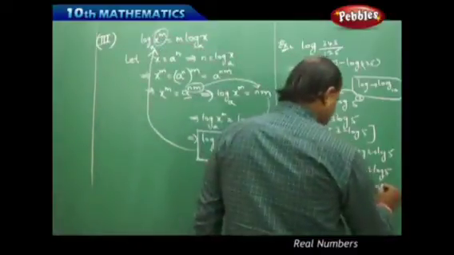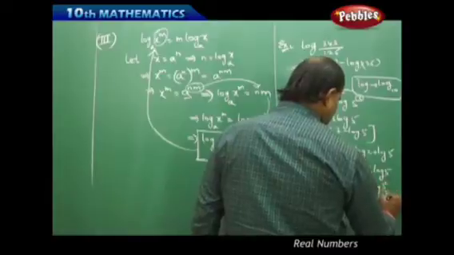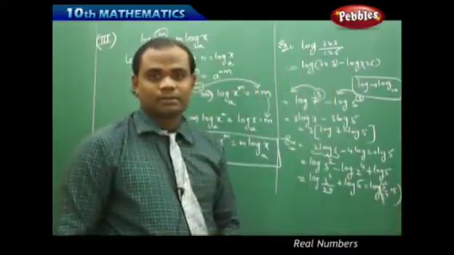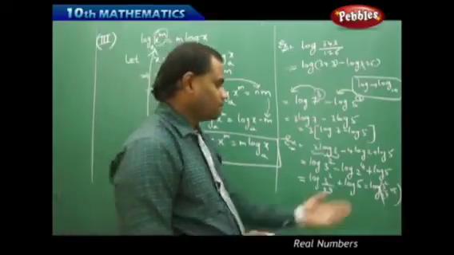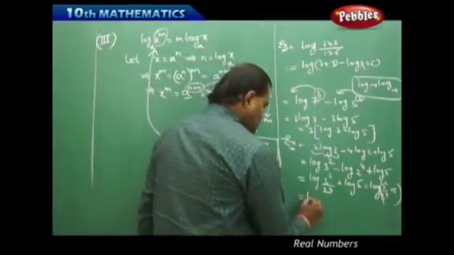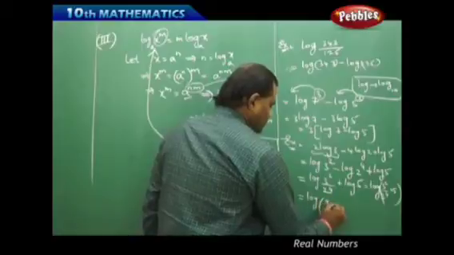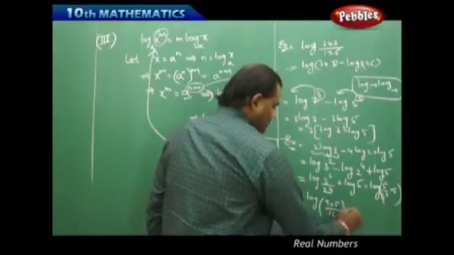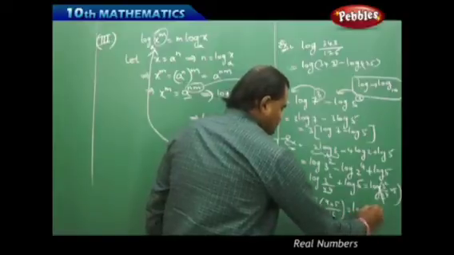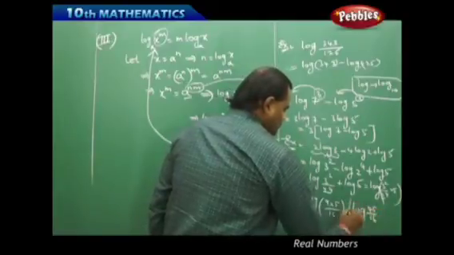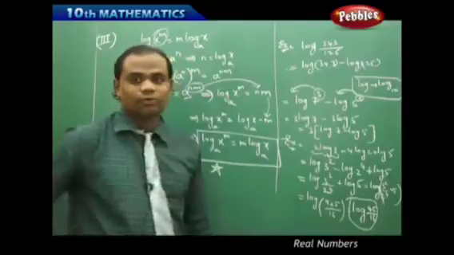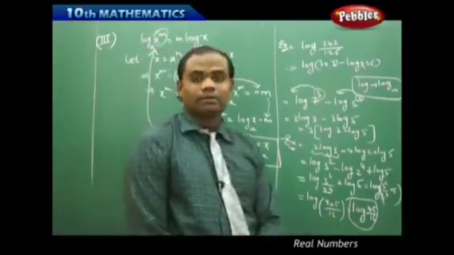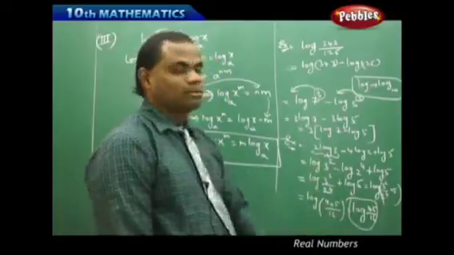Therefore, this can be written as 3 square by 2 power 4 times 5 using the first law. Then finally, I simplify this answer so that I get 3 square is 9 times 5, 2 power 4 is 16, so that this reduces to a single logarithm. 45 over 16 is the single logarithm value for the given problem.